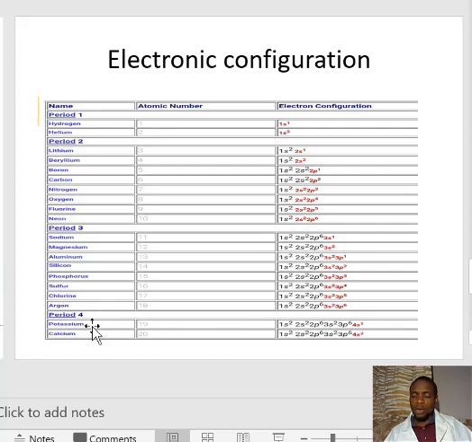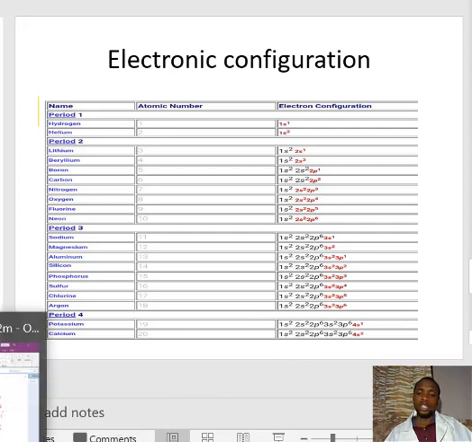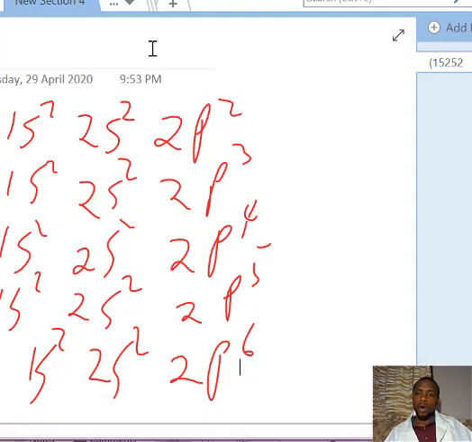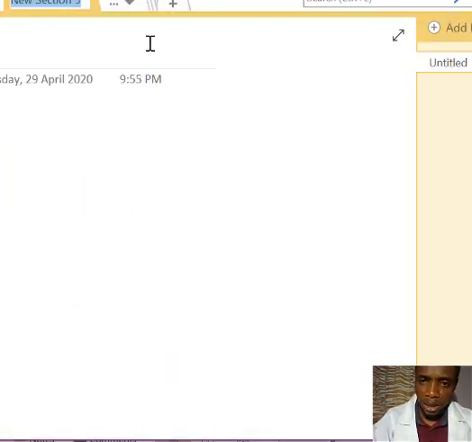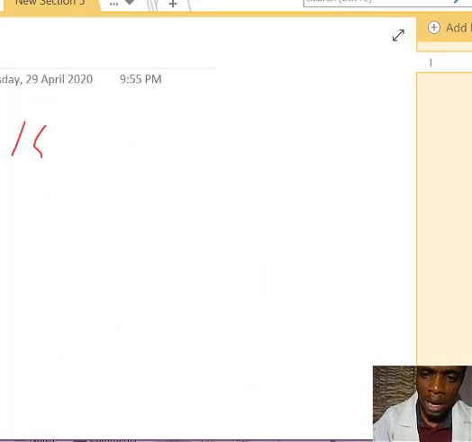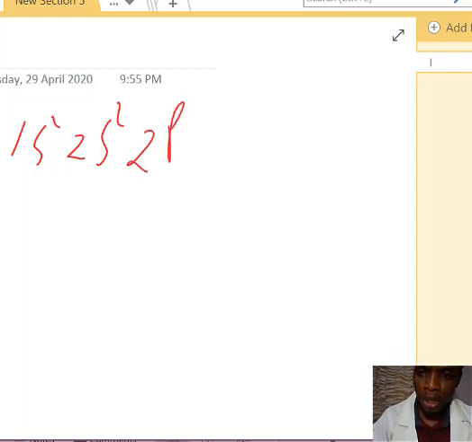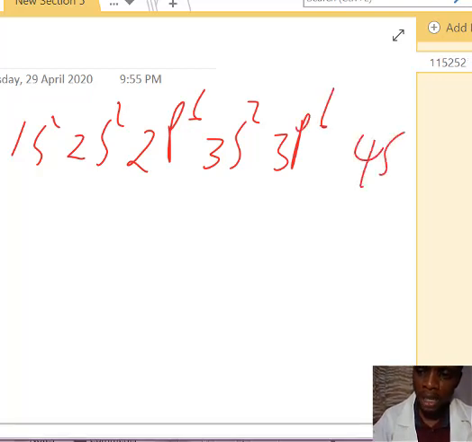But immediately when you get to potassium, after we give 3p6, we go straight to 4s1 instead of 3d. So potassium will be 1s2, 2s2, 2p6, 3s2, 3p6, then 4s1.